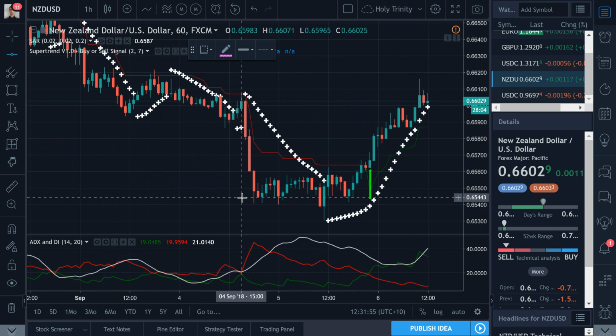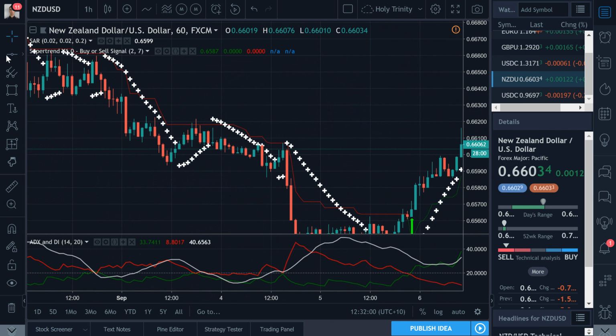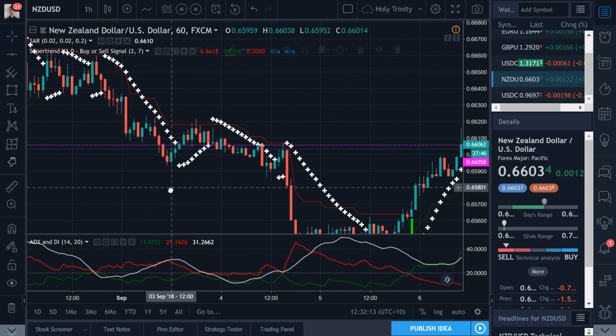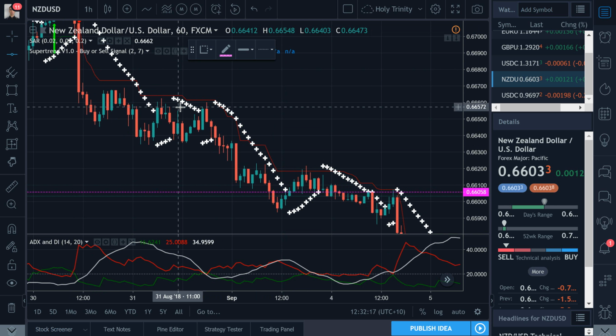So I would say here, test it down there. Yeah, just around this sort of mark. I'm going to go ahead and put one here. So we had a bit of testing around here, then it broke, and then it came back down, and finally just shot down. The last one is here.